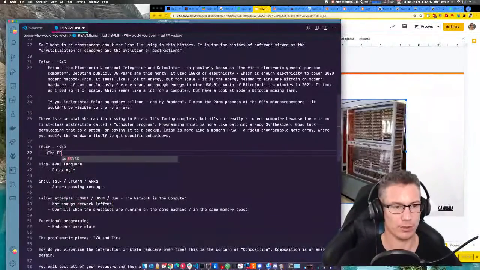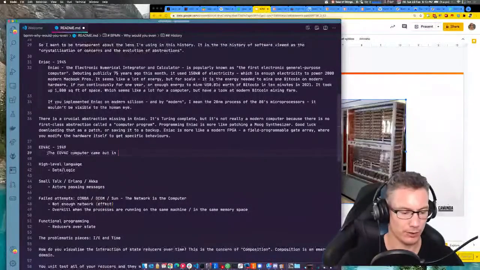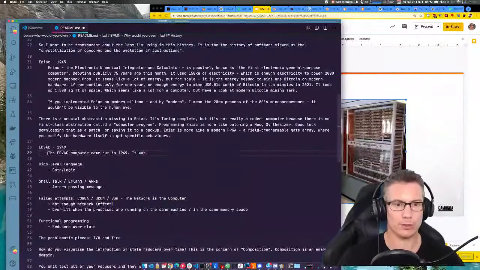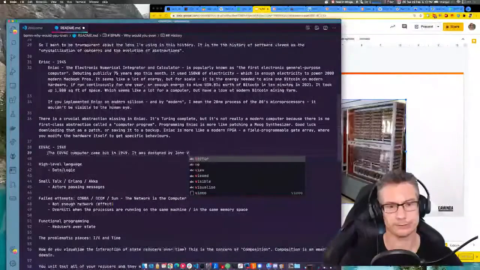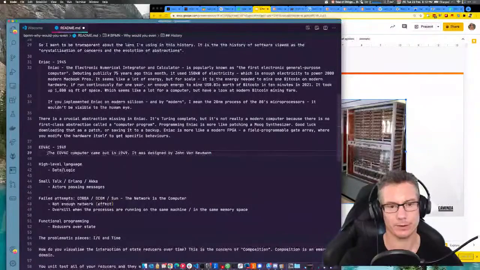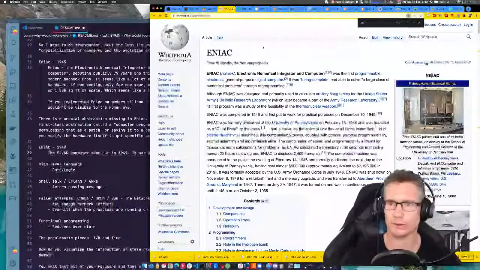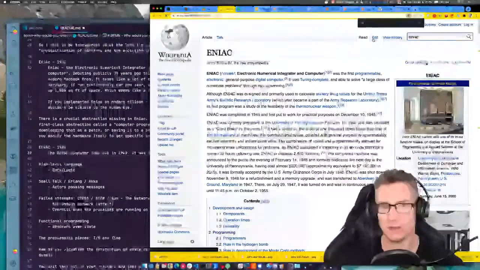Okay, so the EDVAC computer came out in 1949. It was designed by John von Neumann and was the first fully, well, hang on. If the Z3 came out earlier, let's have a look. EDVAC. How do you program the Z3 then?